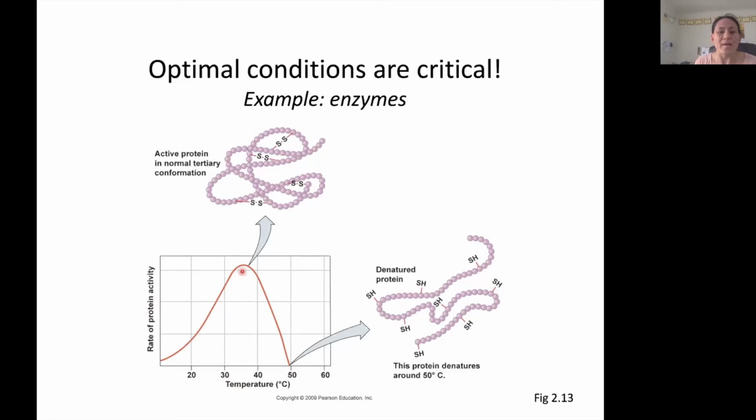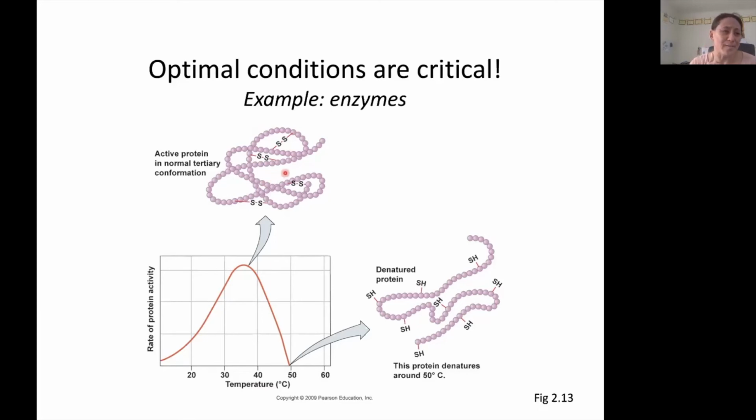If an enzyme is at its optimal temperature, it will be folded correctly in order to carry out its function. Remember that an enzyme's function is very dependent on its shape, and its shape is very dependent on the temperature. So you need to be at the right temperature to function correctly.